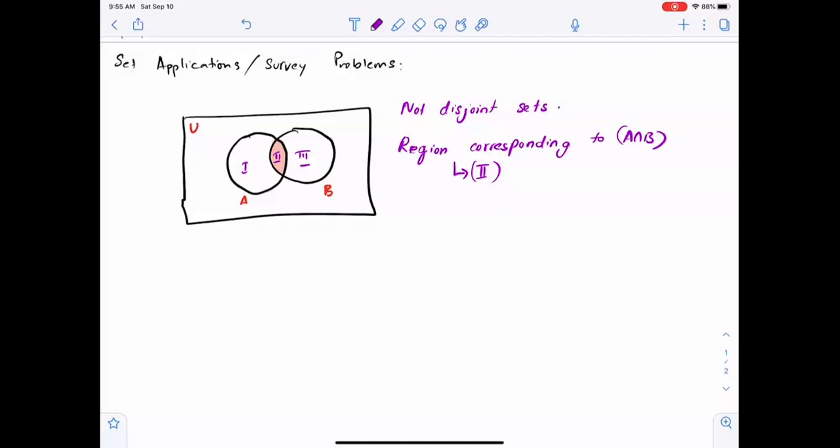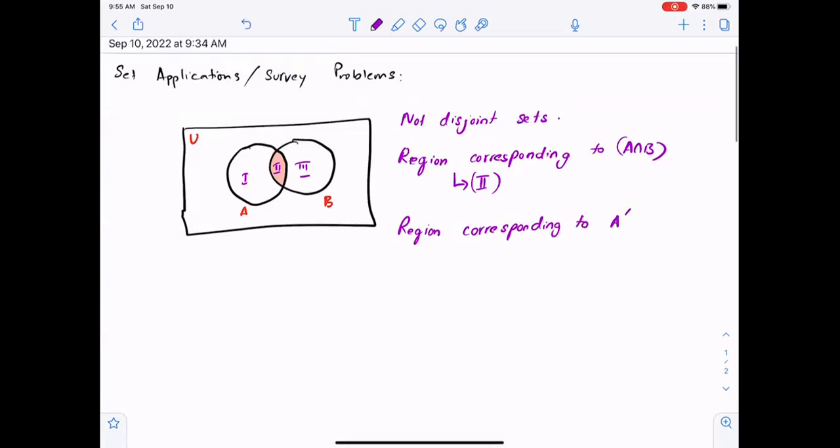Suppose we want to find the region corresponding to A complement. We want to select all regions that would correspond to A complement.